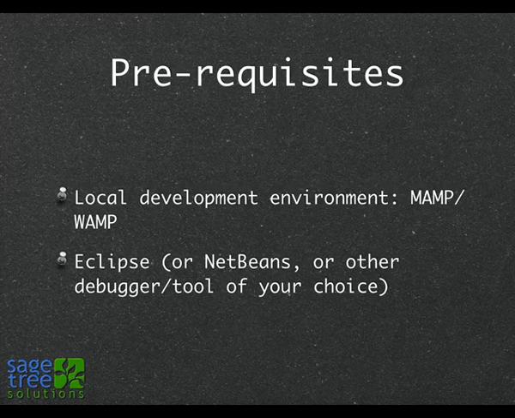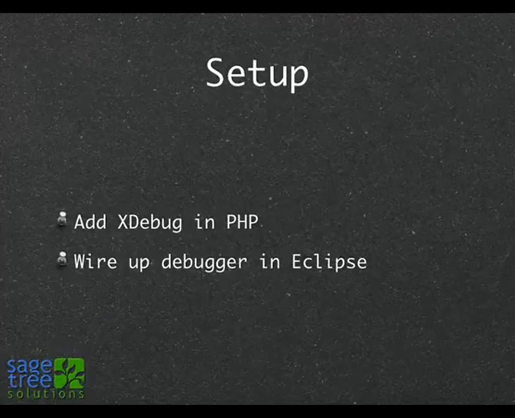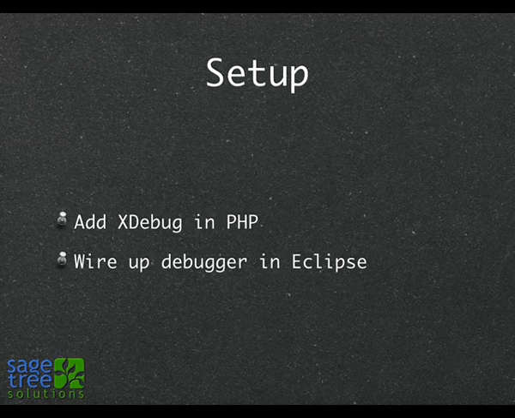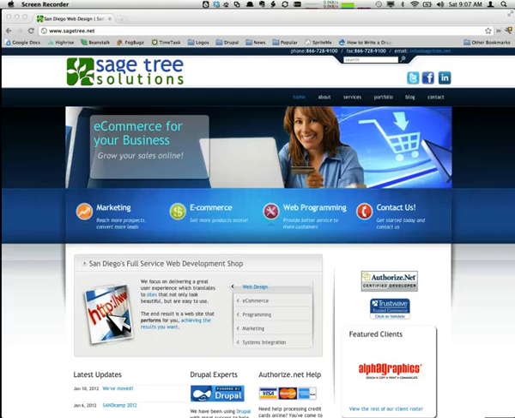Okay, so when you set up your environment, you have your LAMP stack, basically Apache, PHP, and MySQL, right? And then you have your IDE, which in this use case is Eclipse, right? So the one thing that you have to do with your local environment, and if you Google or check on Drupal.org how to set up a local development environment, there's lots of how-tos.